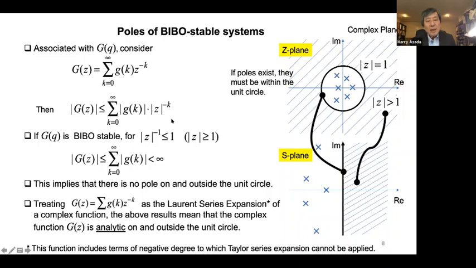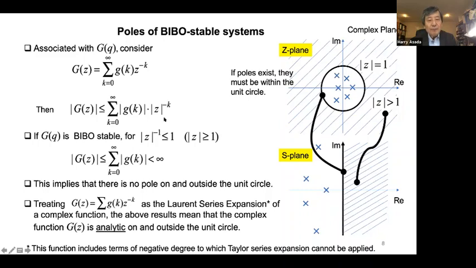So if the absolute value of z is bigger than 1, which means the outside of this unit circle, then every term is basically not greater than 1. So replacing this by 1, you can get this expression where z^(-k) is replaced by 1 and actually make that one even bigger, right?